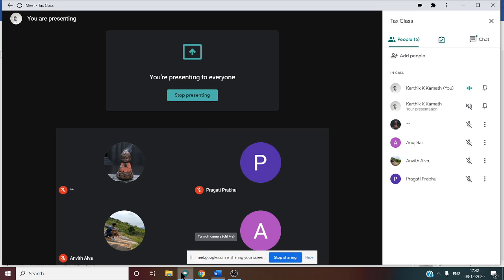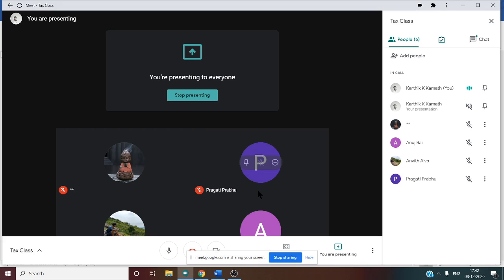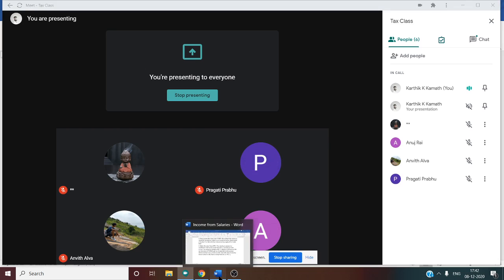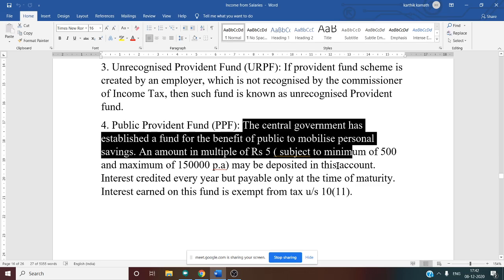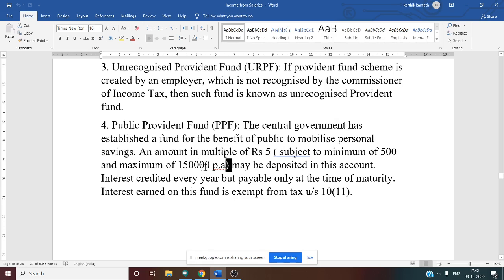So anyone can take a PPF account. The amount must be in multiples of 5, like 5, 500, 1,000. Subject to a minimum of 500 and maximum of 1,50,000 per annum may be deposited in this account.